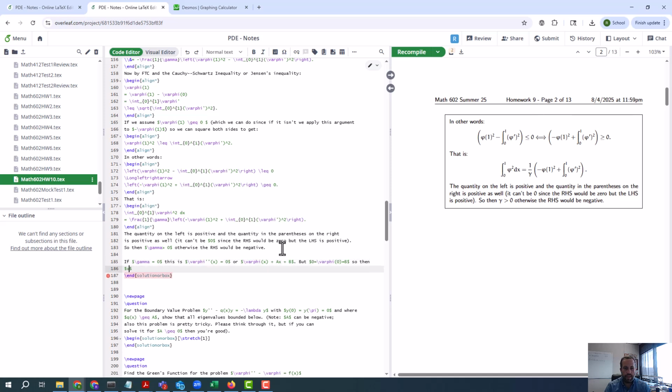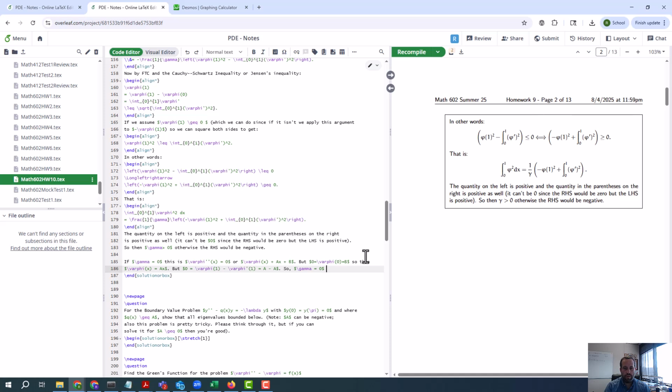So then this is equal to ax. But 0 is equal to phi of 1 minus phi prime of 1. Well, what is phi of 1? That's a. And phi prime is equal to a, so this is going to be minus a.